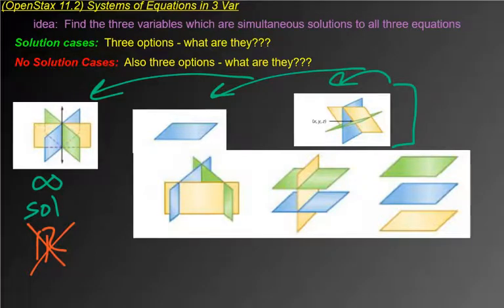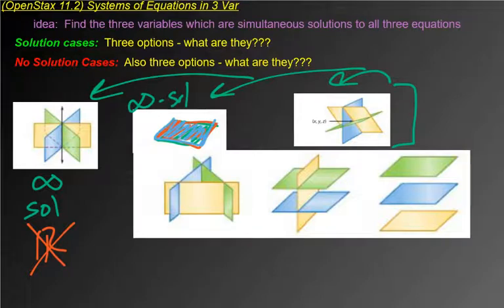This one's just hard to draw. The idea is kind of like two lines overlapping. Here you've got three planes that overlap, and if they're exactly the same plane, then you again get infinite solutions.